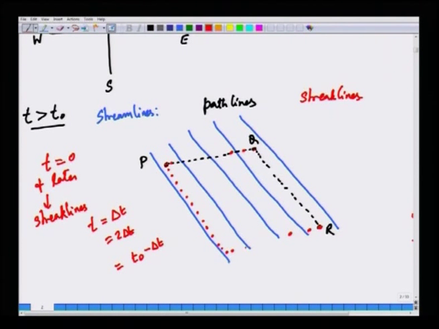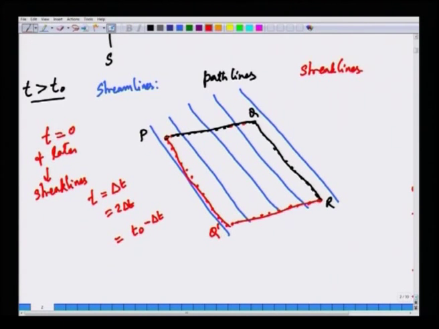So, the path line will be the black line, PQR, while the streak line, in red, will be given by PQ prime R. For unsteady flows, different ways of visualization will give you different types of information, and all the three lines do not coincide with each other.